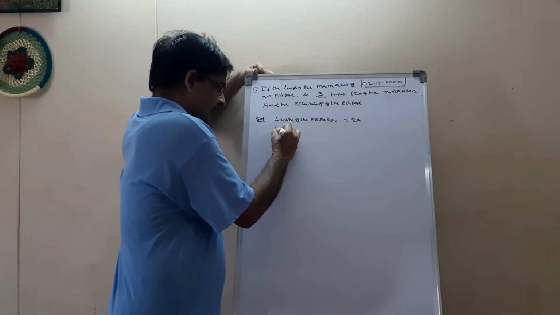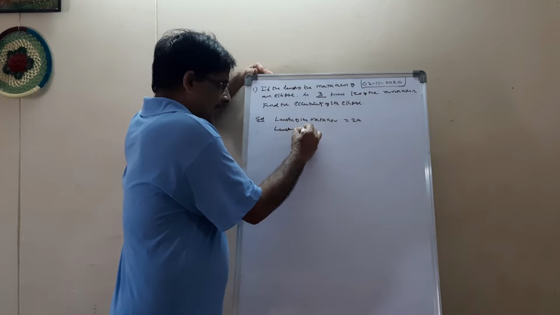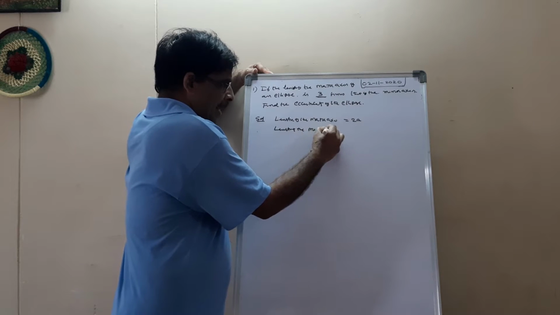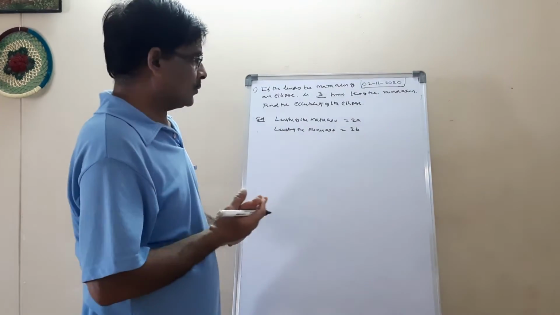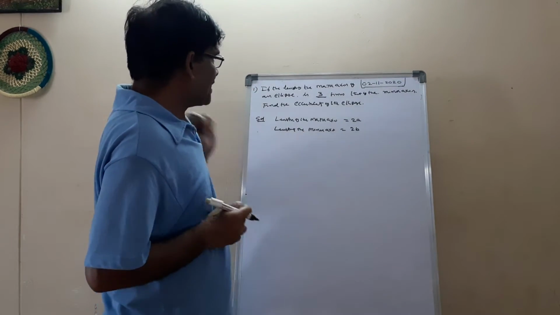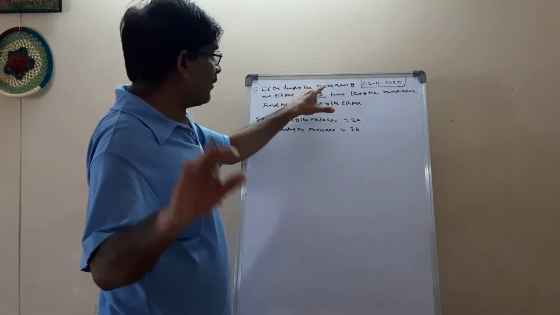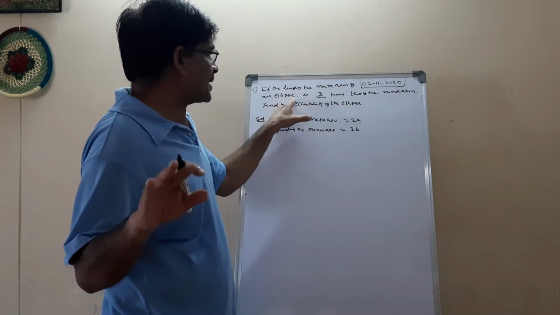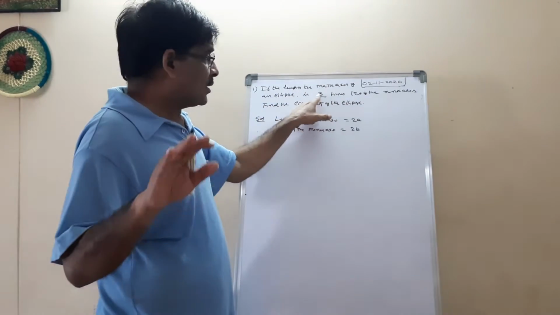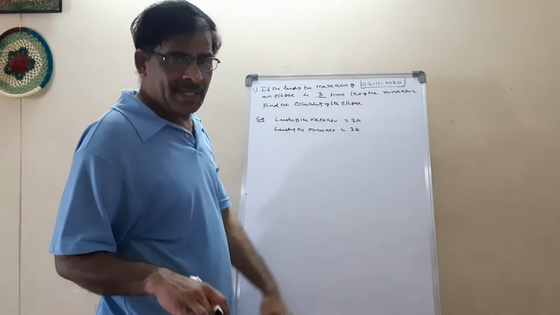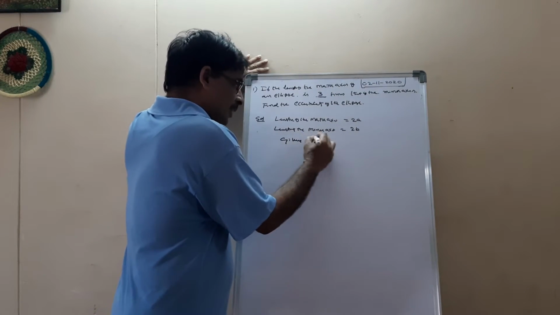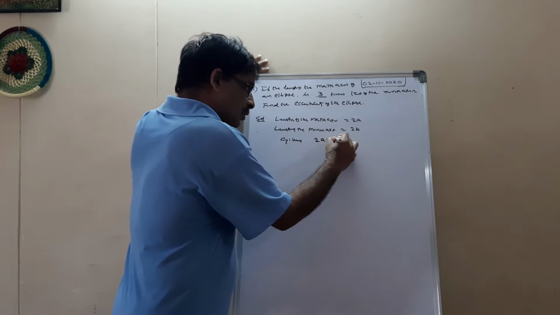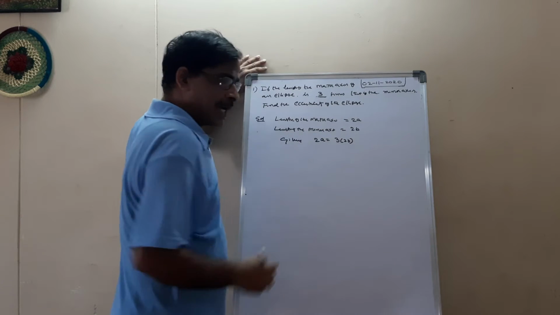Next, the length of the minor axis equals 2b. What is given? The length of the major axis of the ellipse is 3 times its minor axis. It means what is given? Given 2a equal to 3 times 2b.